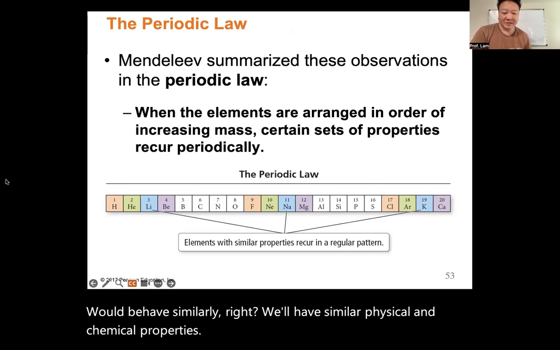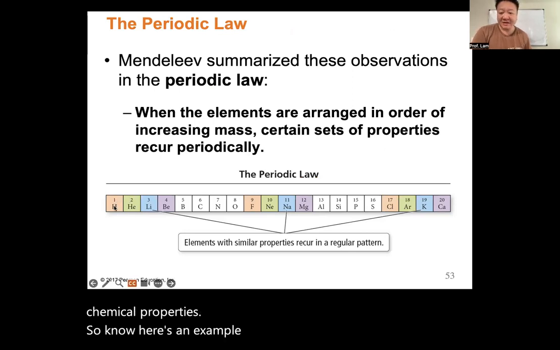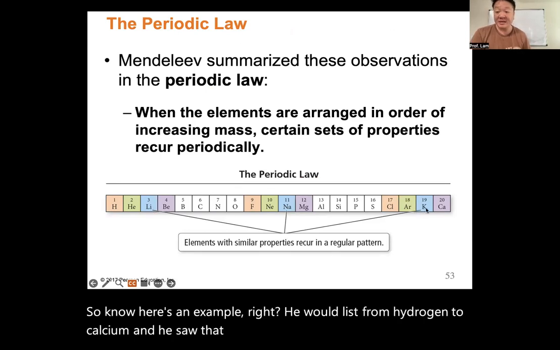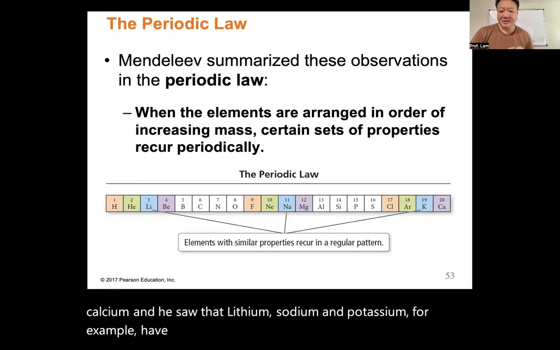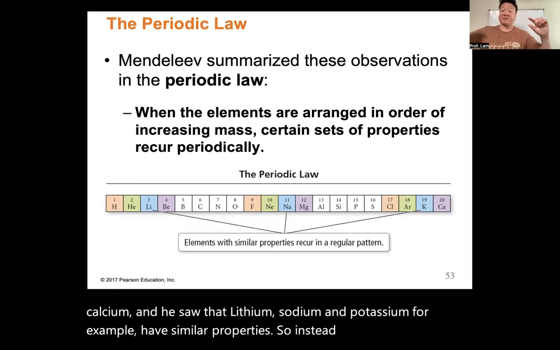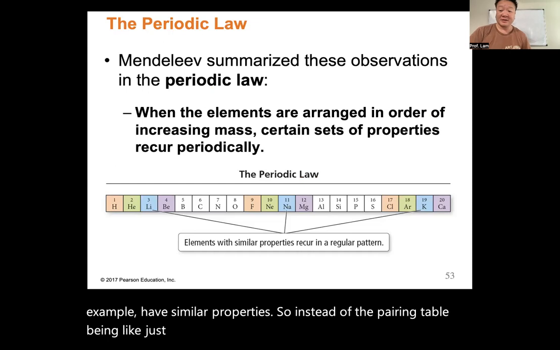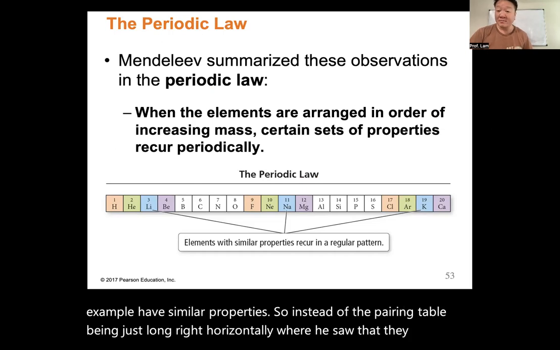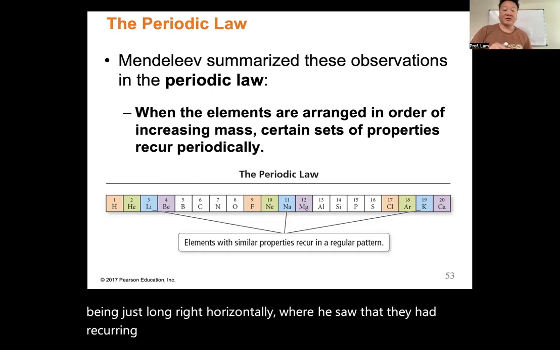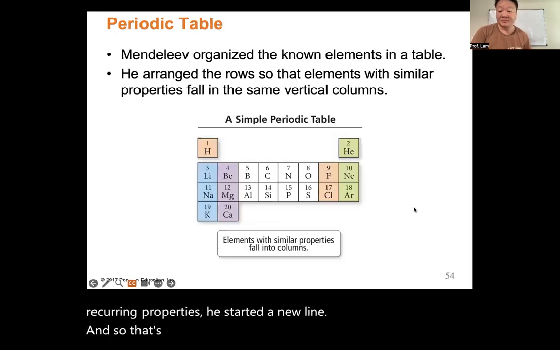So, here's an example, right? He would list from hydrogen to calcium, and he saw that, oh, lithium, sodium, and potassium, for example, have similar properties. So instead of the periodic table being just long horizontally, where he saw that they had recurring properties, he started a new line. So that's why lithium, sodium, and potassium now are in the same column, right?